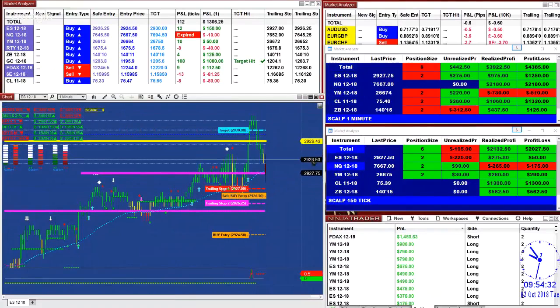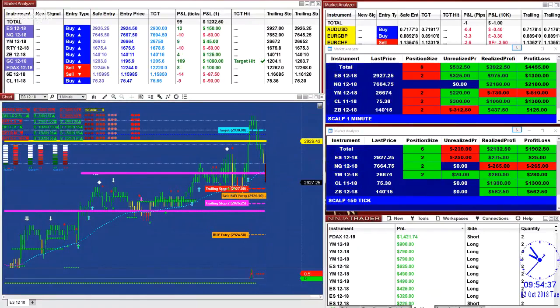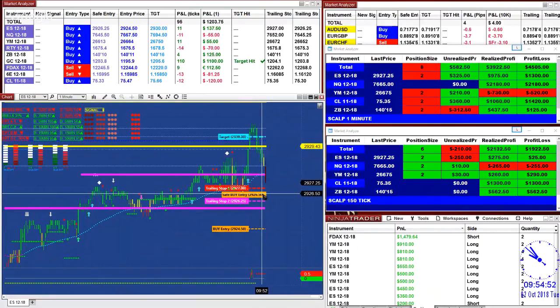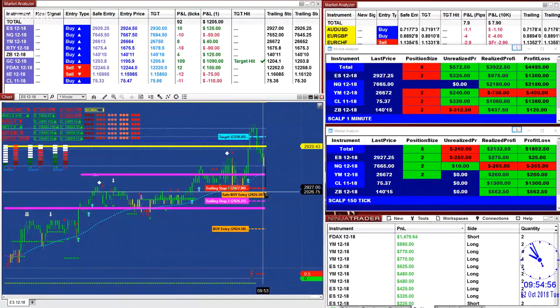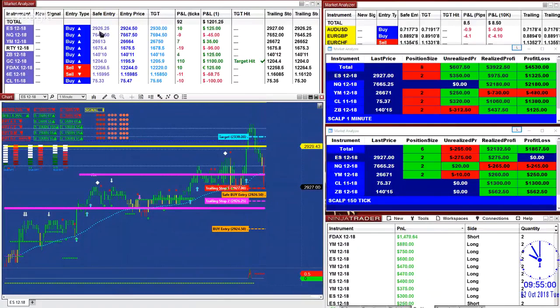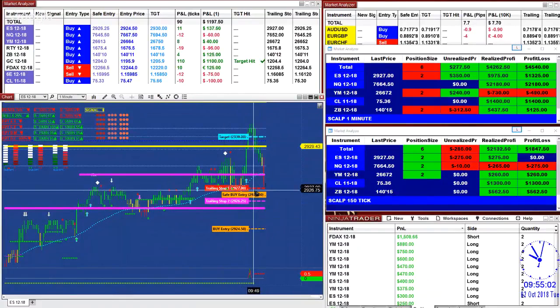If you allow me a few seconds so I can see what is going on with the ES, and I will nail it for you. No problem. This market is extremely fast. On the market analyzer, it says 29, 26, 25.